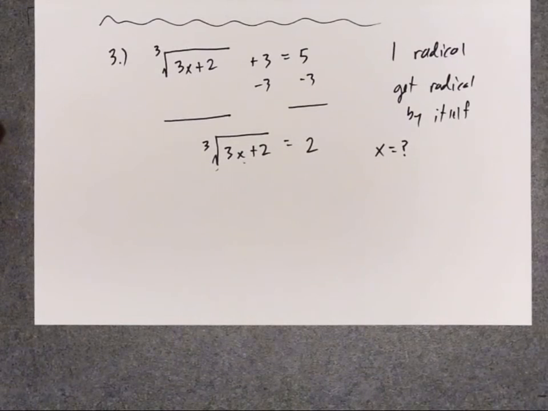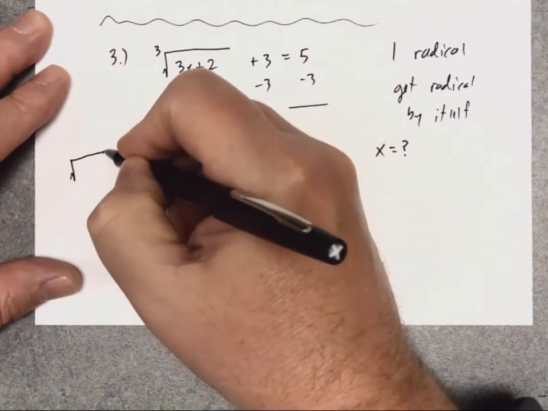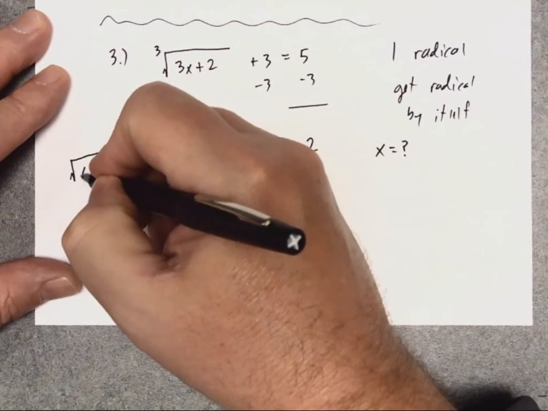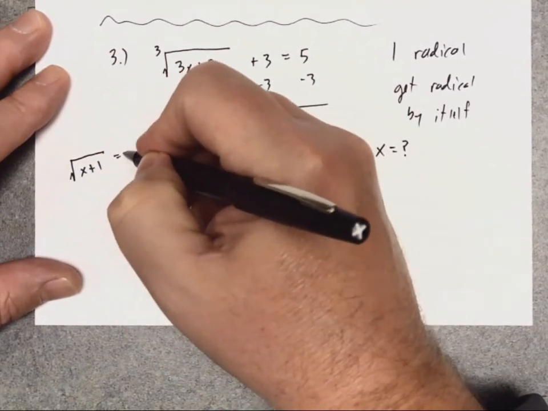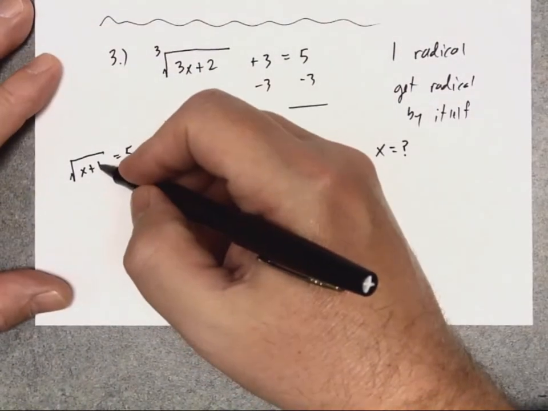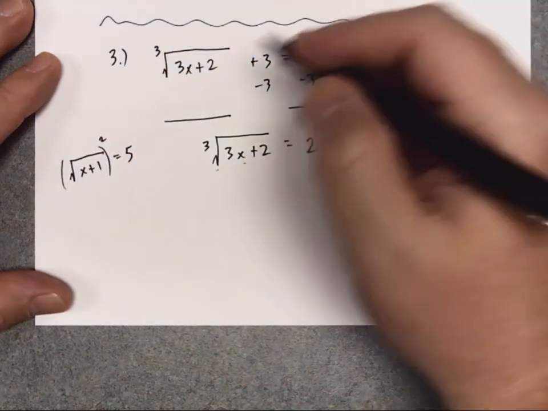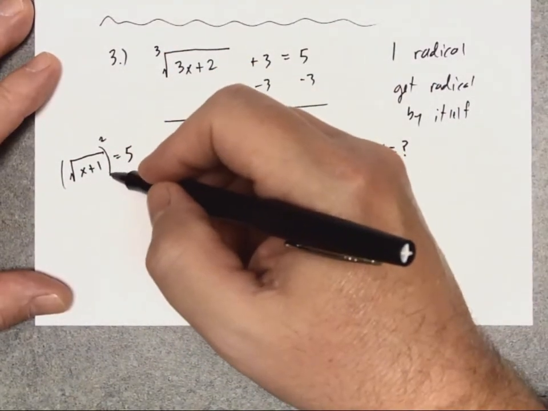Now, a lot of times we've done problems with square roots, so a lot of you are familiar with the square root. Say I was solving this equation. If I want to solve for x, how do you get rid of a square root? Well, you square it. Of course, I can't just square one side.